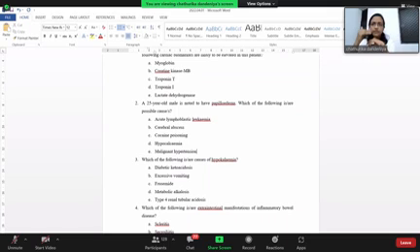A sudden severe increase in blood pressure causing organ damage is known as malignant hypertension. Malignant hypertension is a known cause of papilledema. Okay, which would mean answer E is also correct.